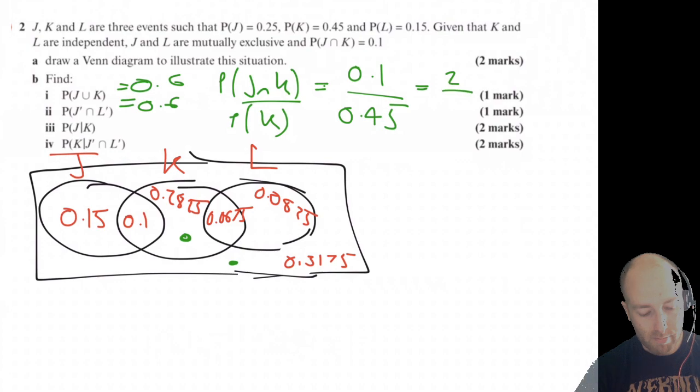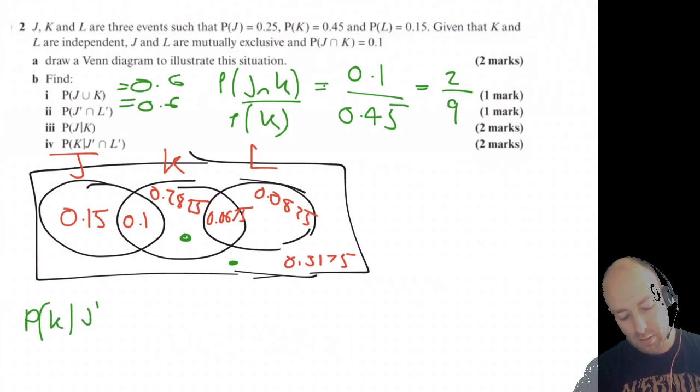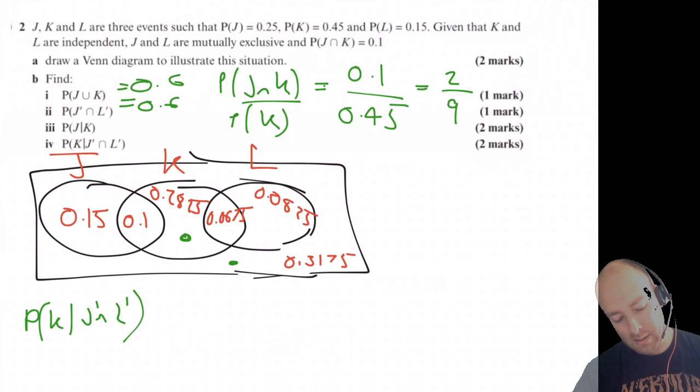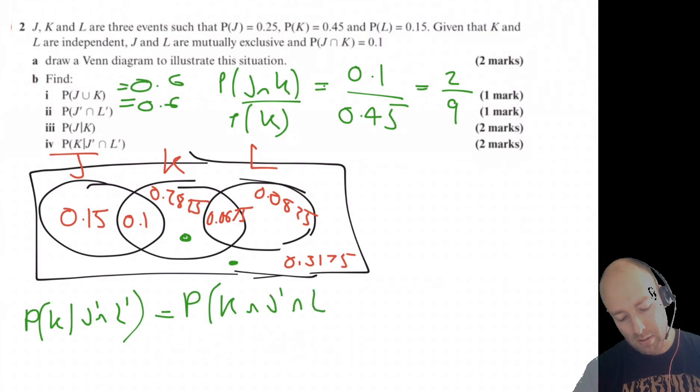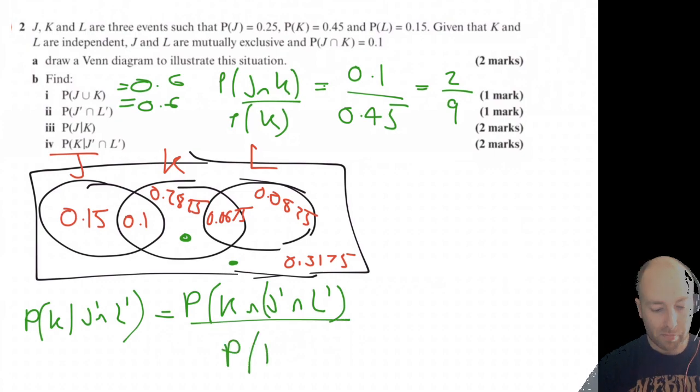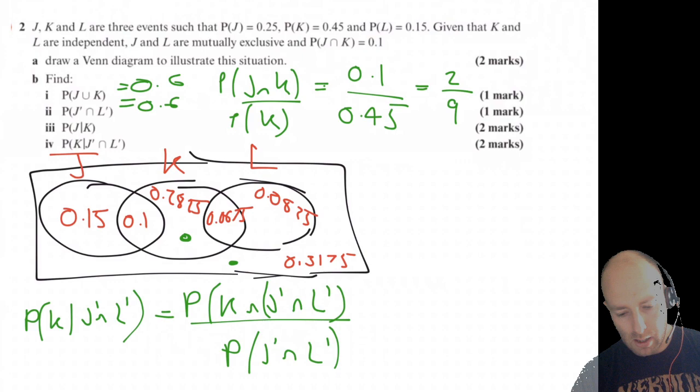And the last bit, probability of K given not J and not L, is going to be K and not J and not L divided by not J and not L. A bit more confusing, this bit, so I'll go over it in yellow.